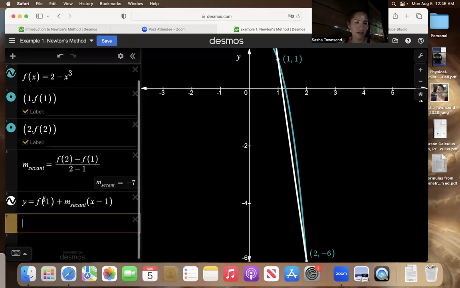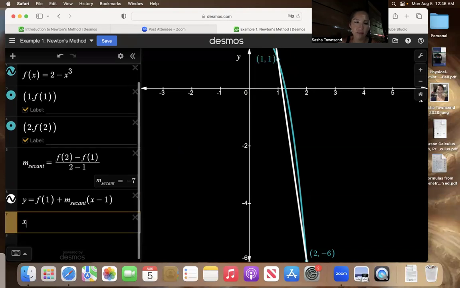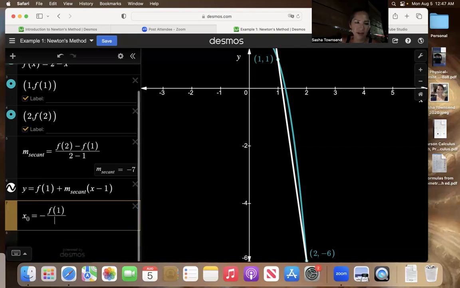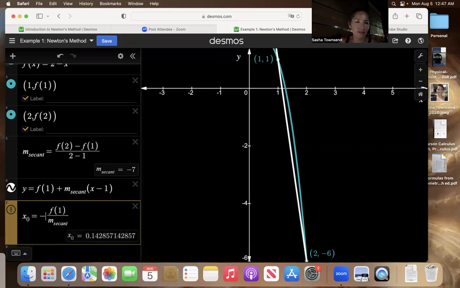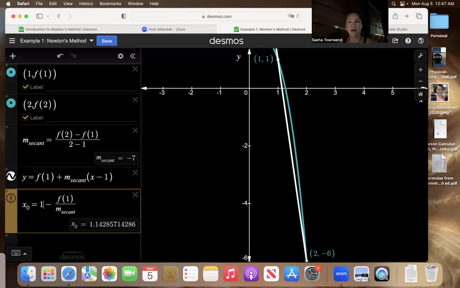So I've got x sub 0, that's our first guess, is, well, if I have a 0 here, I'll subtract f of 1 from both sides. I'll divide by the secant slope, and then I'll add 1. So I'll have my first approximation to the x value is 1.1428, which is what I got on paper.